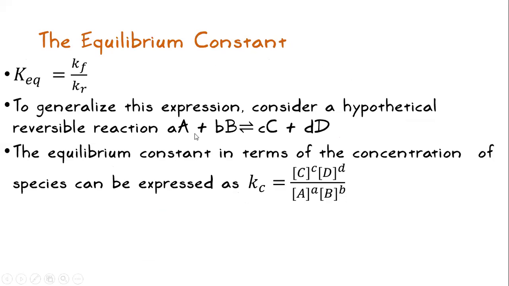So assuming it was only A going to maybe C, it will become the concentration, using square brackets, of C raised to the power c. The stoichiometric mole, that is the number in front of the product in the balanced equation, will be the power. Then over the reactant A, the number of moles of A is also a, so raised to the power a.